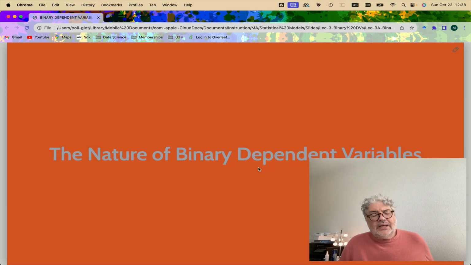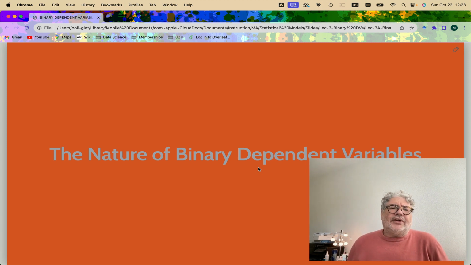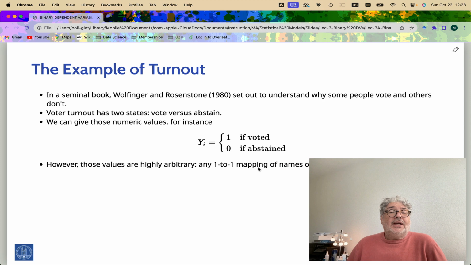So we're going to be switching from continuous random variables, which has been the focus so far, to binary dependent variables. And an excellent example of one of those variables is the decision to participate in an election or to abstain in that election.